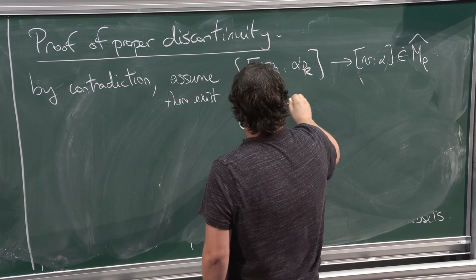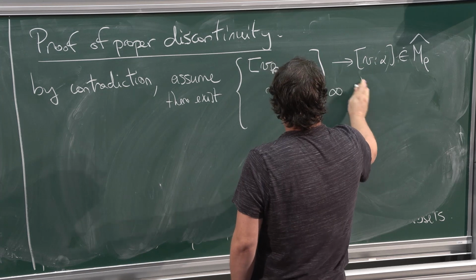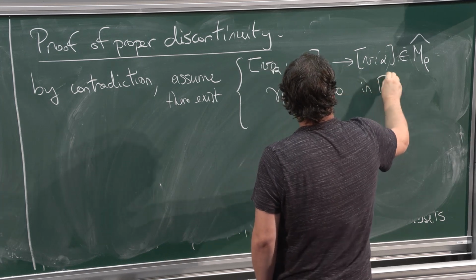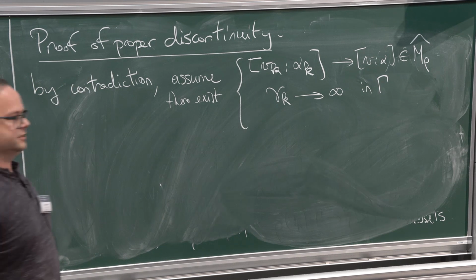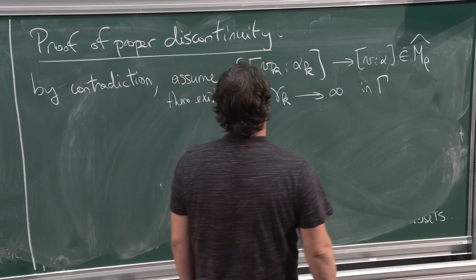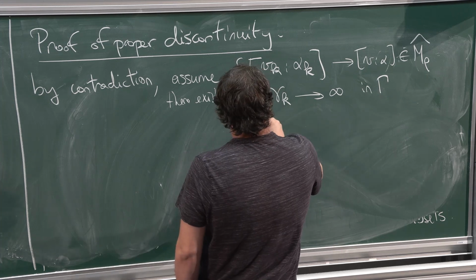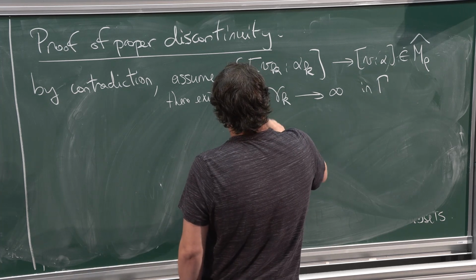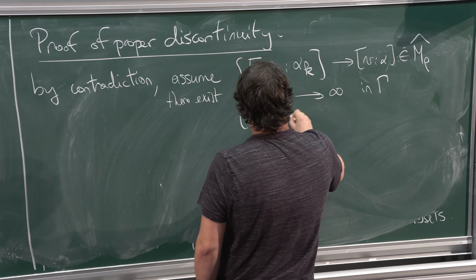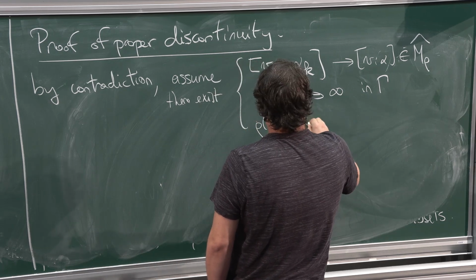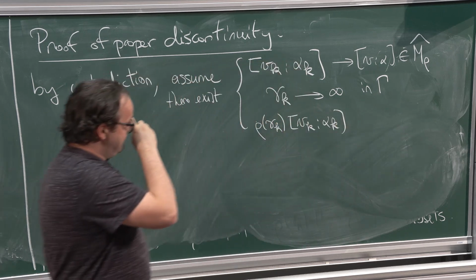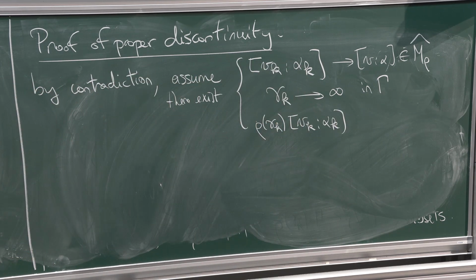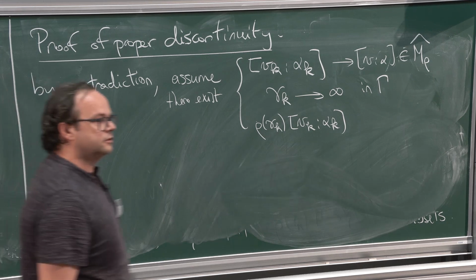The other one would be a sequence gamma k, which is going to infinity in gamma, so leaving every compact subset, or here every finite subset, because gamma is discrete. And the condition contradicting proper discontinuity is that you let these gamma k's act on vk alpha k, and this also converges.